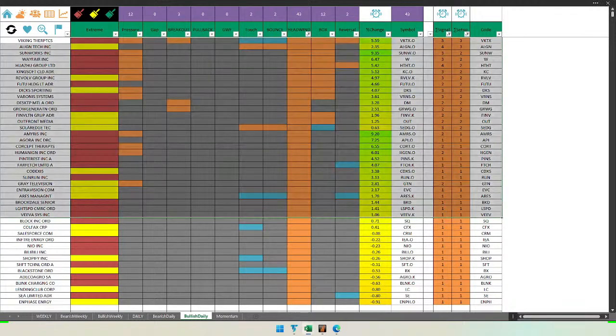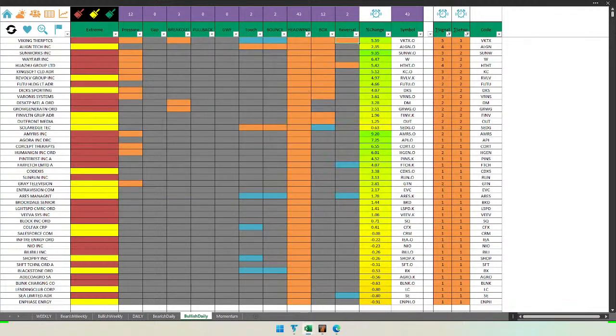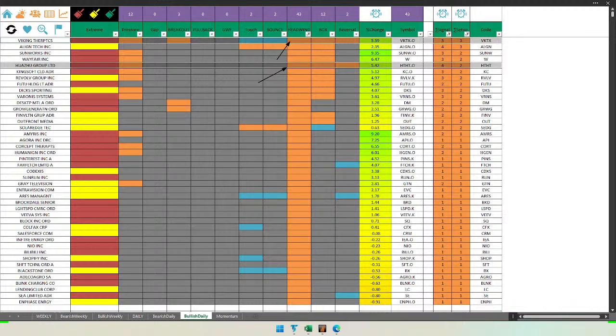One thing I could do is, why don't I choose the two that are having many signals. Headwind, of course, I flagged for it. They are also having box. They're also having reversal.